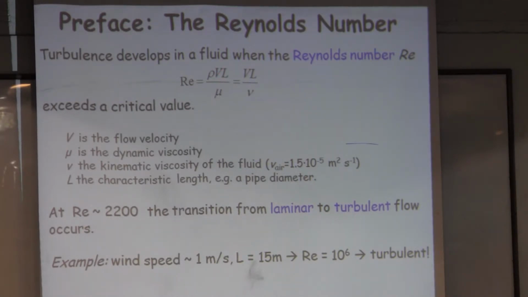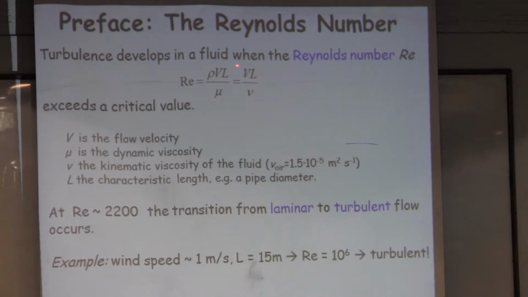Imagine you have some water flowing through a pipe, then the characteristic length would be the diameter of the pipe, divided by what's called the viscosity. Oil obviously has a higher viscosity than water, and for air, it's very small.